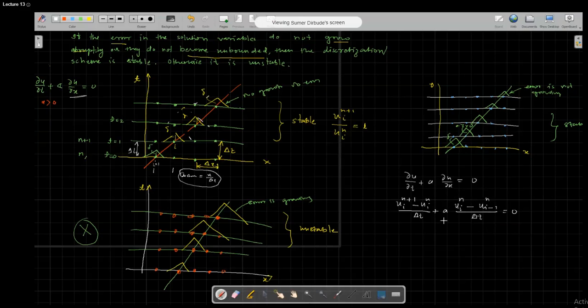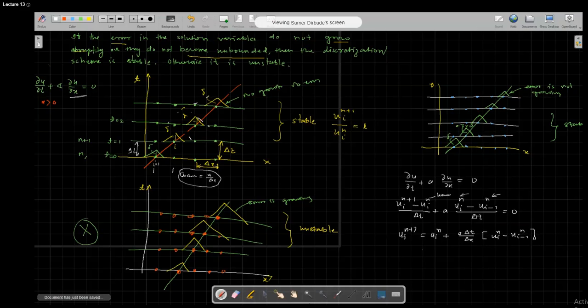So here I can write ui n plus 1 as ui n. This unknown will be expressed in terms of known. This is known, this is known, this is known. So unknowns are expressed in terms of known, minus a delta t over delta x times ui n minus ui minus 1 n.